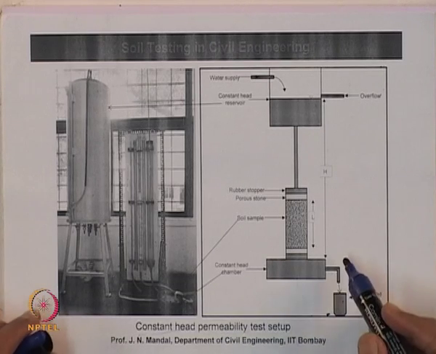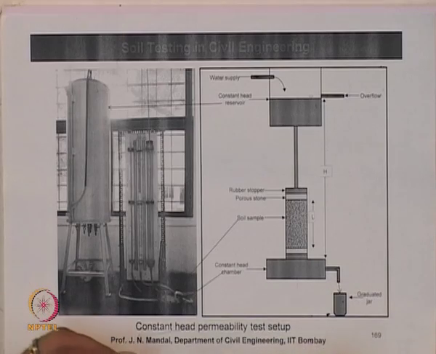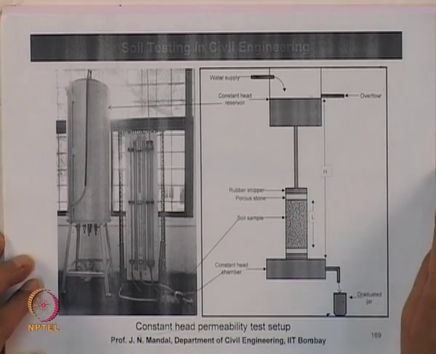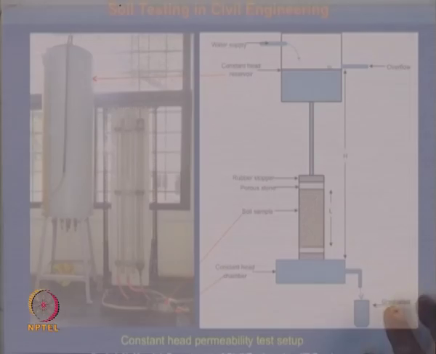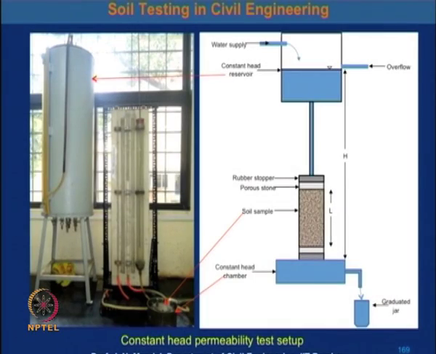Then from this you can calculate the coefficient of permeability of the soil. So, how to calculate this coefficient of permeability for constant head? Here I will show you some calculation.